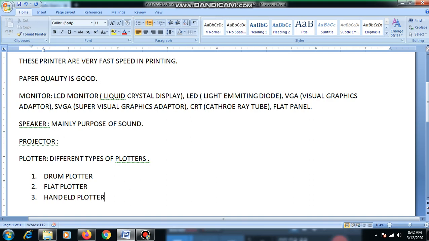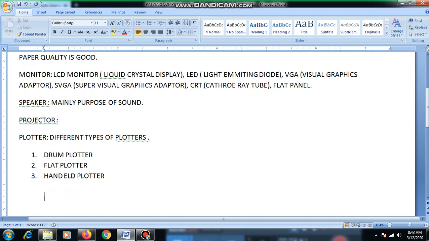These plotters are mainly used for large images, banners, mapping, etc. These are the different types of output devices.